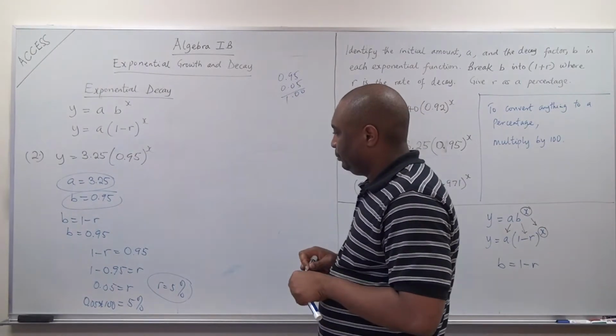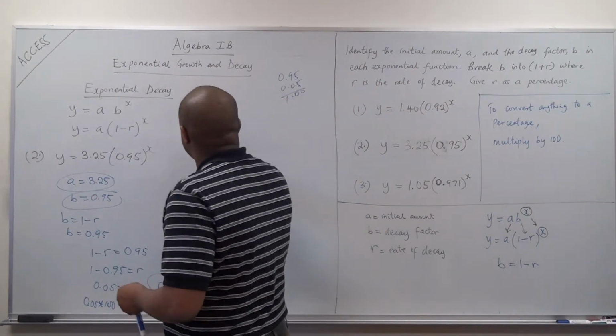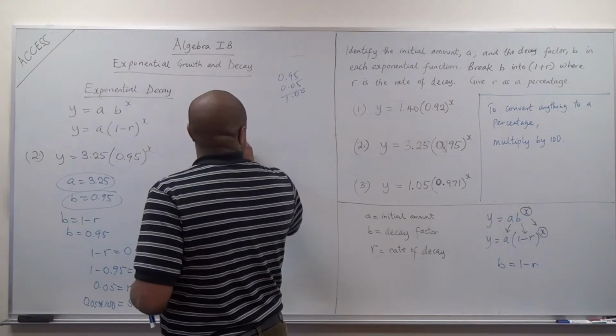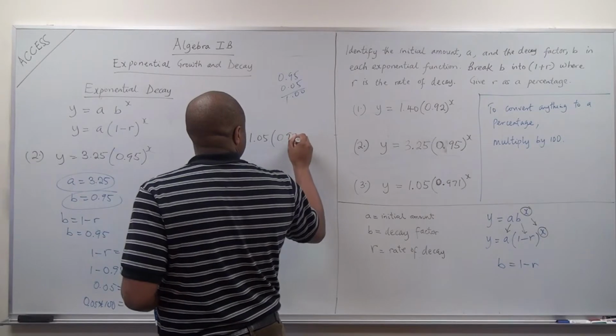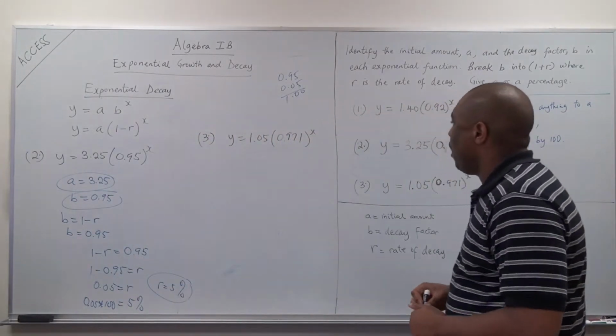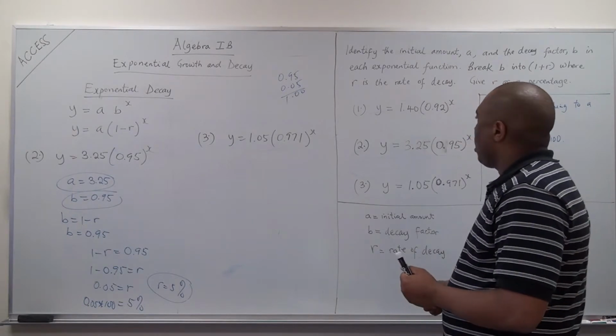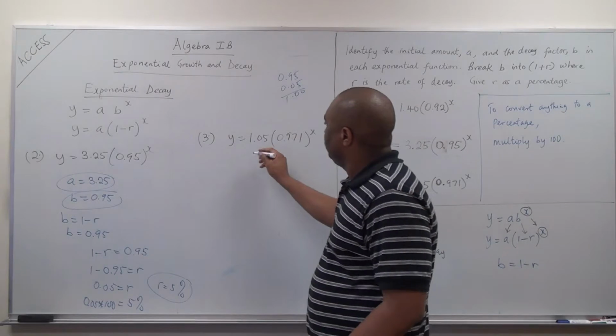Okay, the next one is number 3. We have y equal to 1.05 times 0.971 to the x.